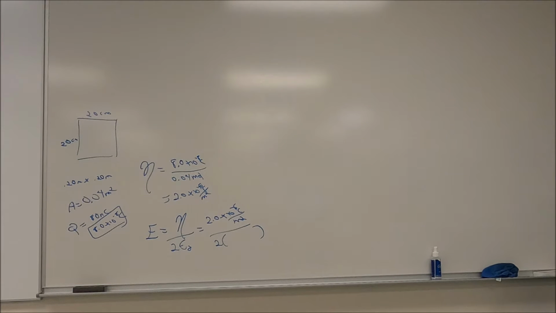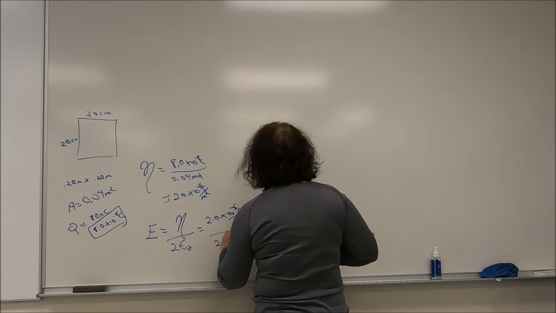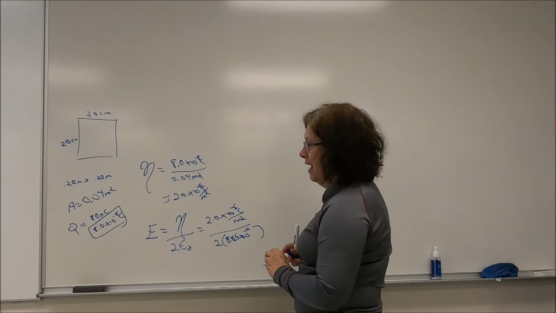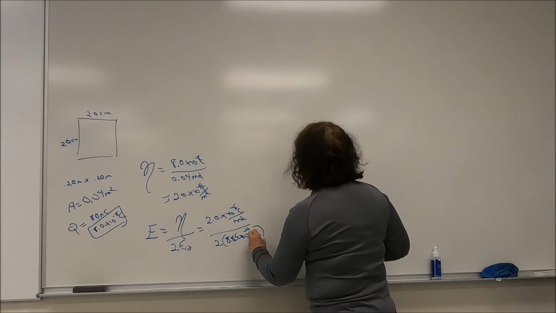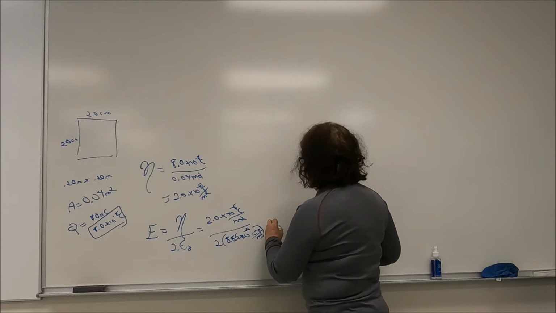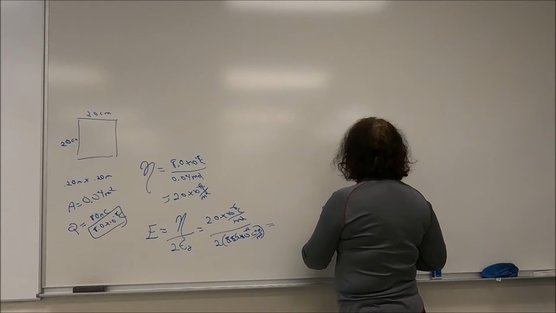Epsilon 0 is 8.85 times 10 to the minus 12, and it has units of coulombs squared per newton meters squared. So notice we're going to end up with units of coulombs per newton.